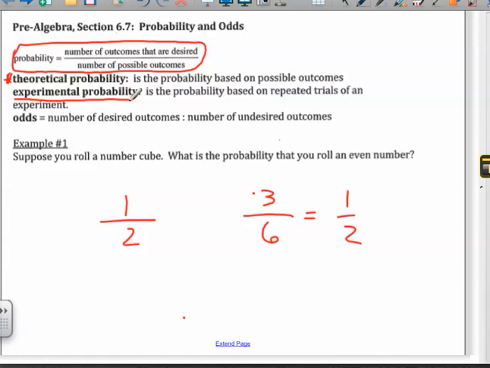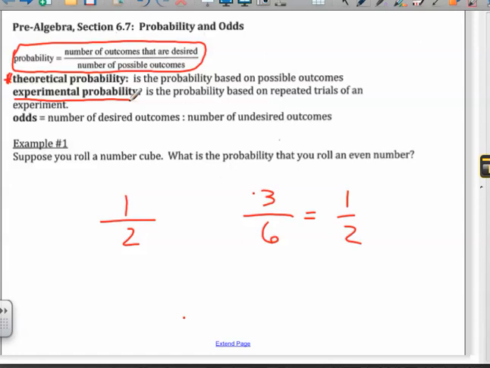That's an experiment. Experimental probability is the probability based on repeated trials. If I did it over and over again, the number of times I got what I want over the number of times I did it. Theoretical is when I just use the model itself. It's based on desired outcomes divided by possible outcomes.